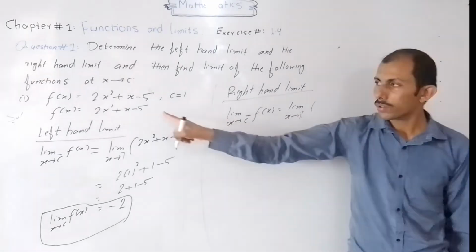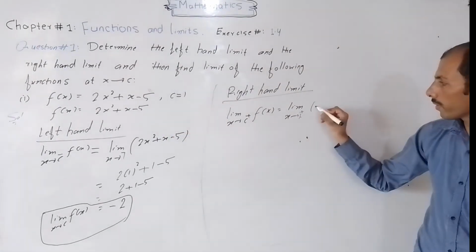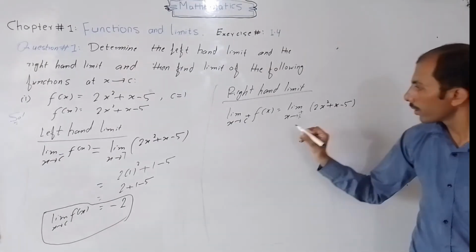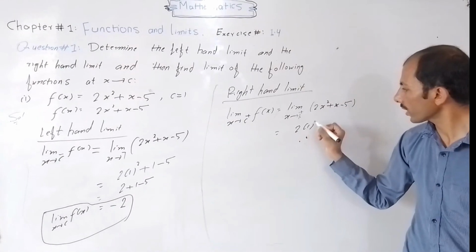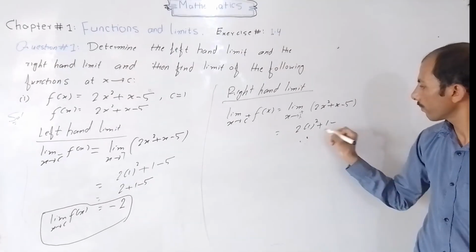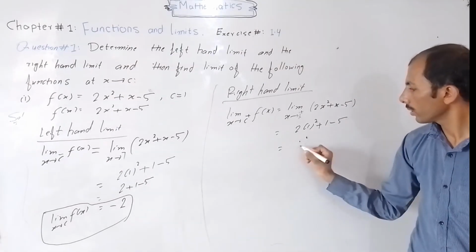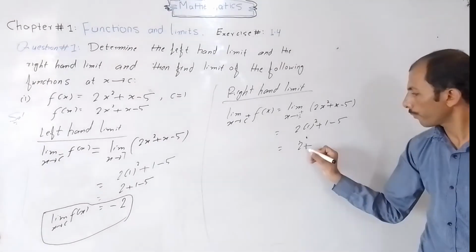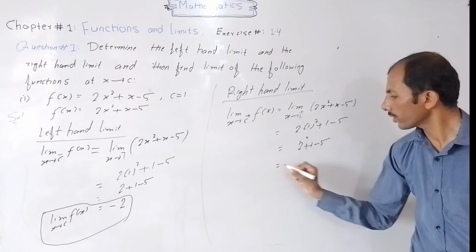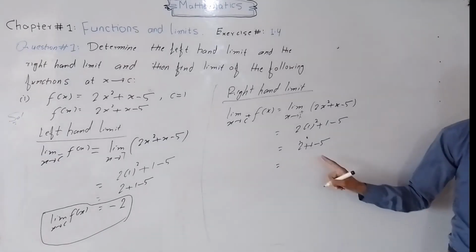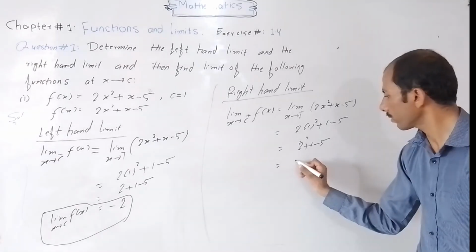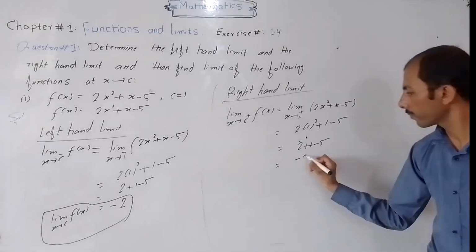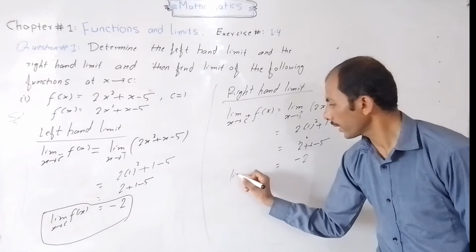So f(x) = 2x² + x − 5, which is equal to 2 into 1² plus 1 minus 5, is equal to 2 plus 1, 3, 3 minus 5 is equal to minus 2. So right hand limit is minus 2.